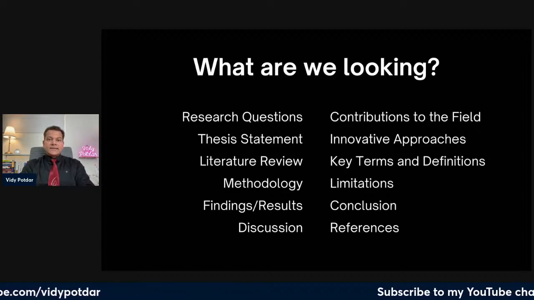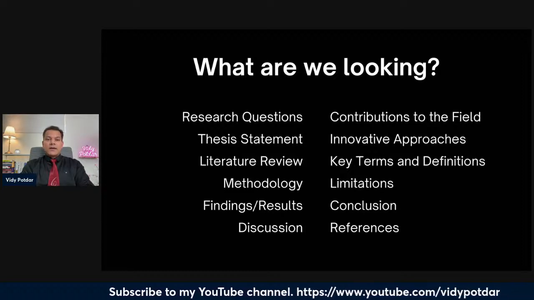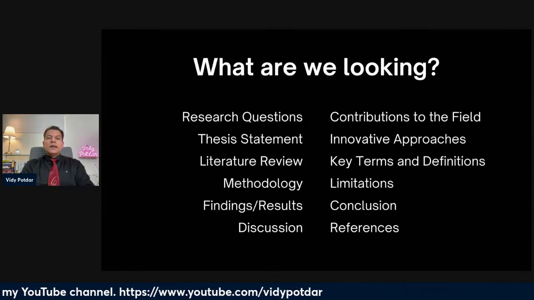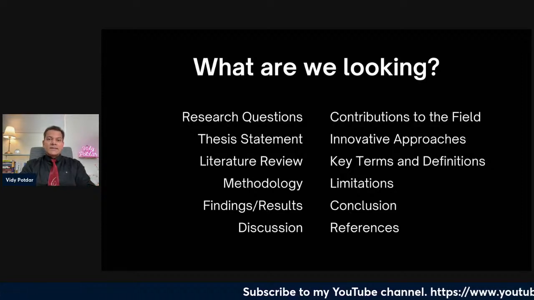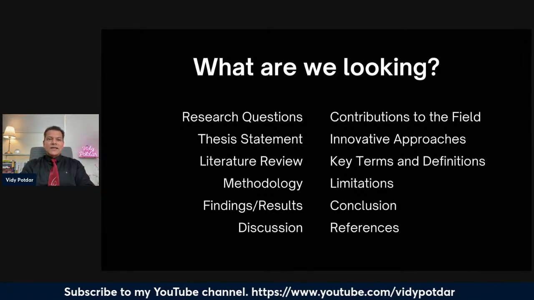But reading a thesis can take a fair amount of time, because it could range anywhere between 100, 200 to 300 pages long. So what you should actually be looking for in a PhD thesis is what we are going to cover in today's session.